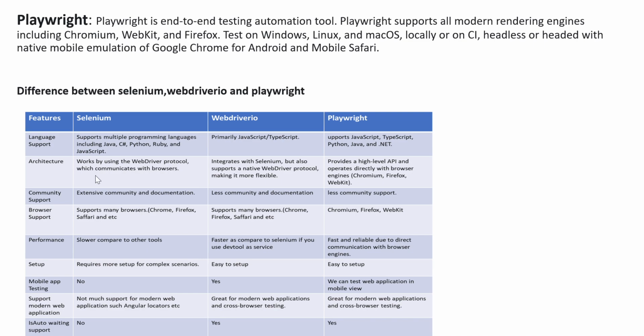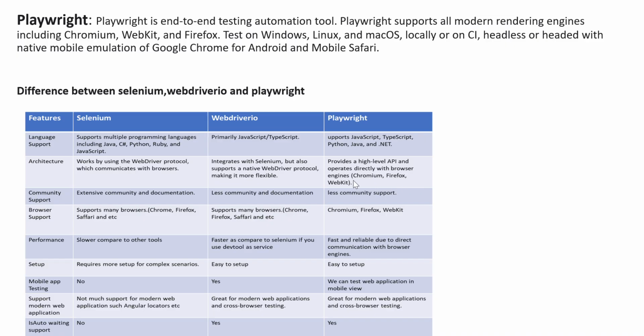Okay, and architecture: Selenium works by the WebDriver protocol, and WebDriver also works on the WebDriver protocol since it is integrated with Selenium. Playwright is a high-level API which directly communicates with the engines, such as Chromium, Firefox, and WebKit.